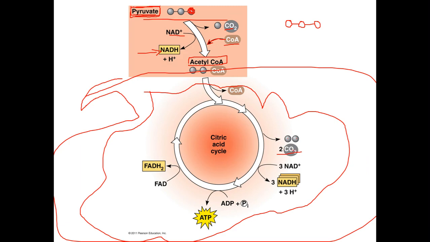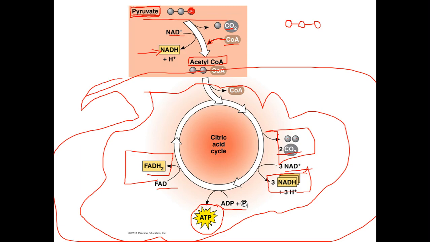So now I've gotten rid of the carbons, and in doing that, I have reduced more NAD+, and I've also phosphorylated ADP, so I've created ATP. I've also reduced FAD into FADH2. So taking this pyruvate and breaking it down through the citric acid cycle, I've made these products right here. I've gotten rid of this product right here.